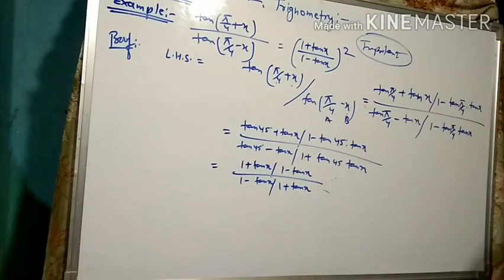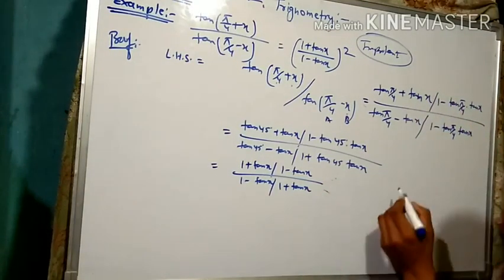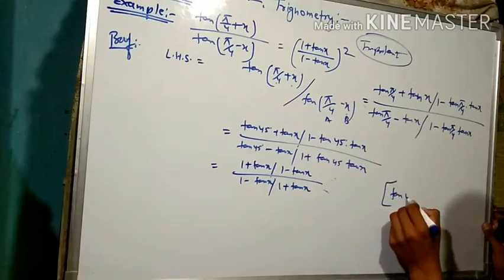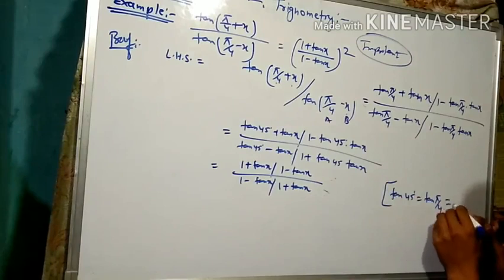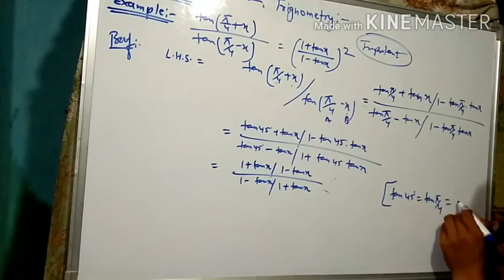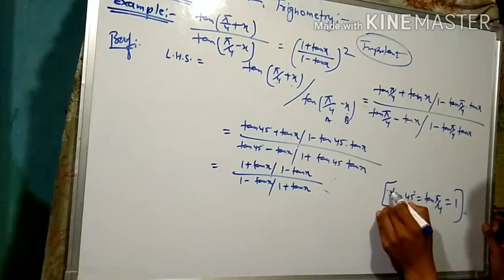Okay, now we write this because tan 45 or tan pi by 4 equals 1.